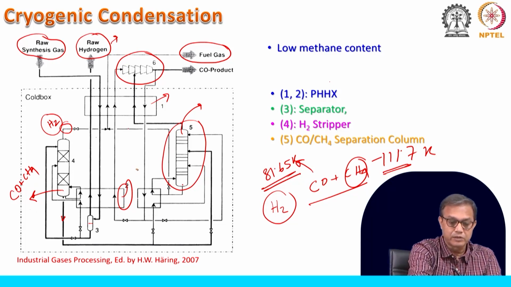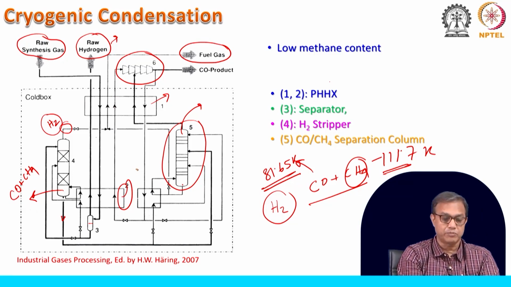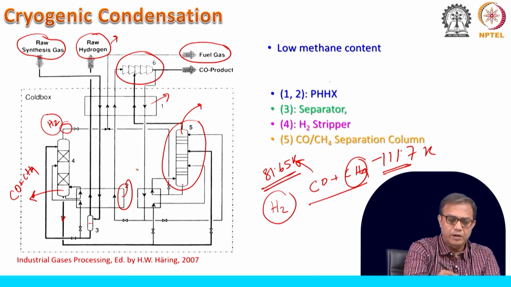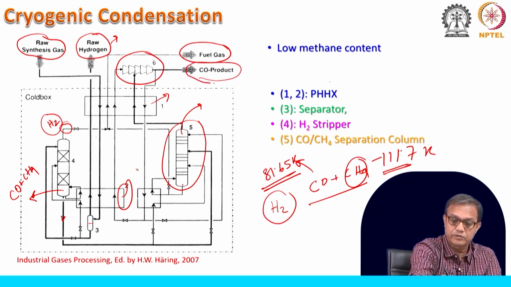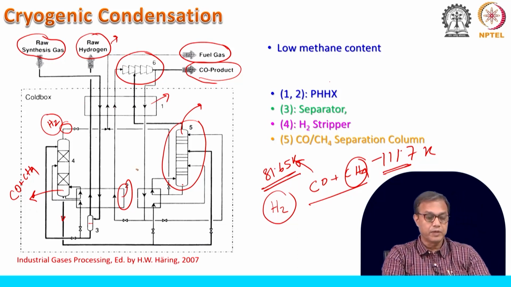It is basically this compressed CO part, which will be expanded, and then it will be cooled down, and while it is getting evaporated, that provides the refrigeration to the incoming high pressure synthesis gas. So, as a result, this is basically the CO product, but it is also providing the necessary refrigeration for the condensation of the raw synthesis gas.